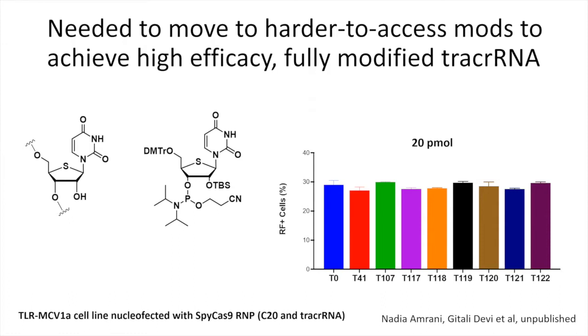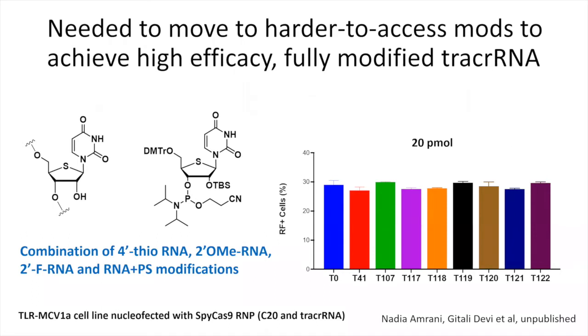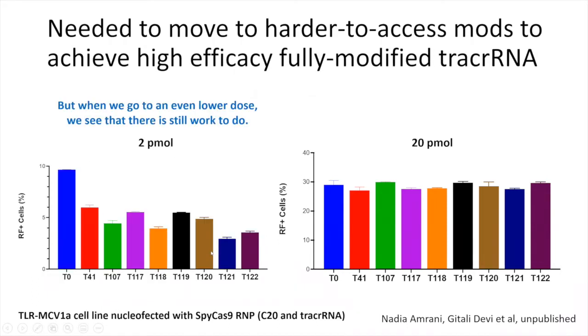But I just wanted to highlight that with these modifications in hand, now T121 and 122 are fully modified and maintain full activity at 20 picomoles. Now, if we actually turn up the temperature even a little bit more on our own assays and drop down the concentration another order of magnitude to 2 picomoles, you can see that even here, there's still some work to do. So we lose some activity relative to the unmodified guide.